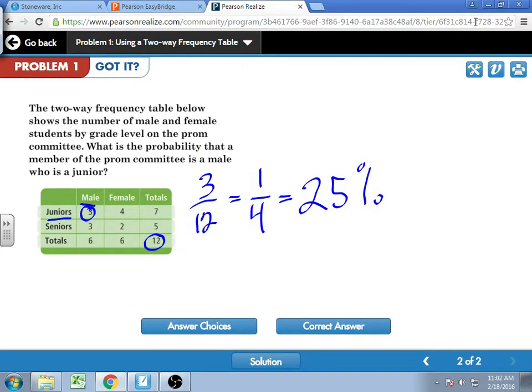Did the guest teacher yesterday talk about when we would decide to leave it as a fraction instead? She kind of said something, but not really. So when we deal with relative frequency and things like that, we can work with fractions or decimals or percents. I would leave it as a fraction if the decimal's really messy. So like 1/7 goes on forever, 1/6 goes on forever, those sort of fractions that go on forever and I'd have to round, sometimes we'll leave those as fractions.